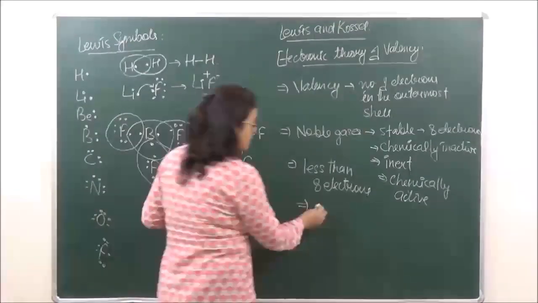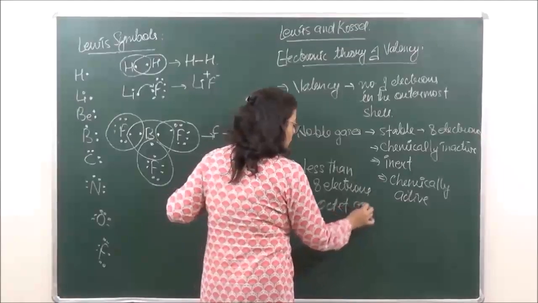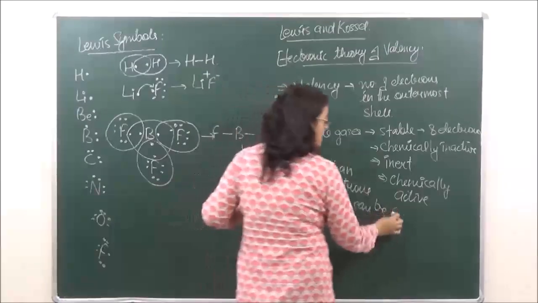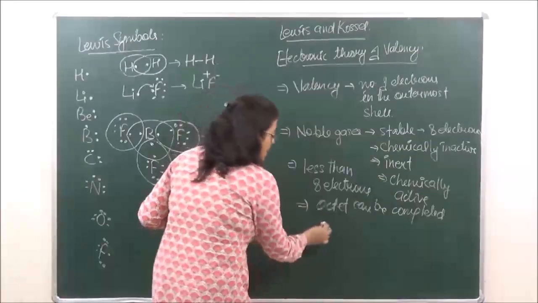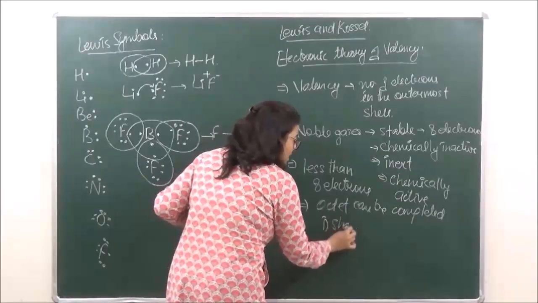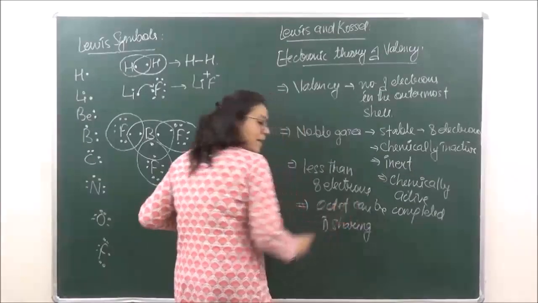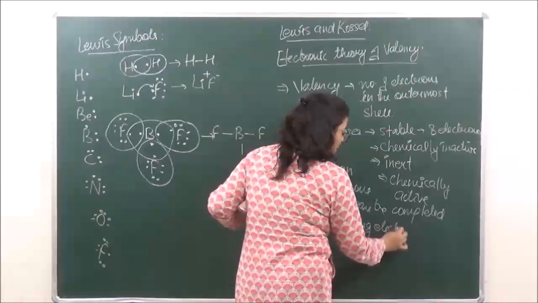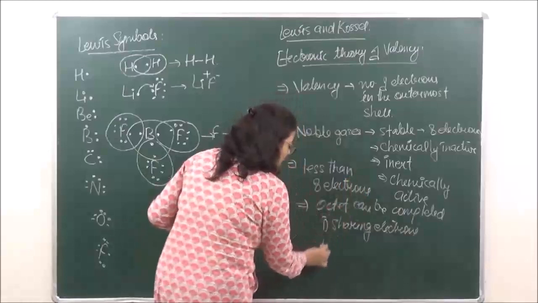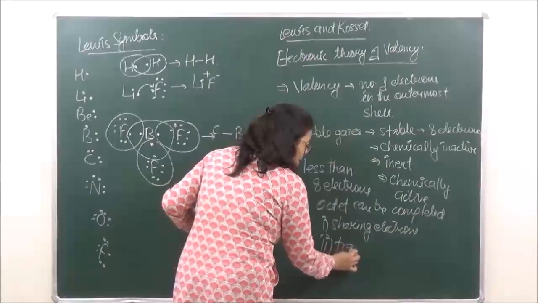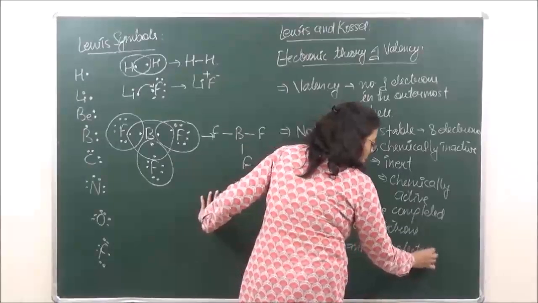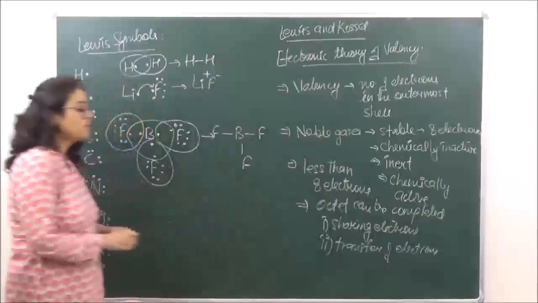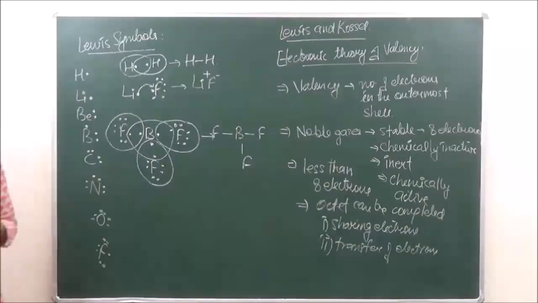Then number 4, the octet can be completed in 3 ways. Number 1, either by sharing electrons or by transfer of electrons. In case of transfer of electrons, we mean either an atom will accept electron or an atom will lose electron.